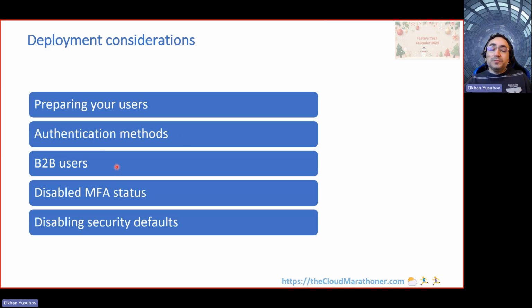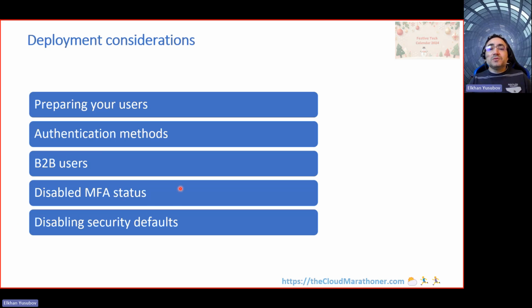Next, we have B2B users. Any B2B guest users or B2B direct connect users that access your directory are treated the same as your organization's users. Next, here we have disabled MFA status.